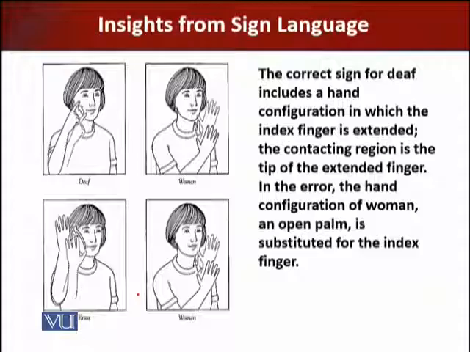The open palm hand shape does not permit an index finger contact, so the contacting region was shifted to the tip of the thumb, which is an acceptable contacting region for this hand configuration. In other words, the contacting region of the sign is accommodated to the hand configuration that is erroneously used.